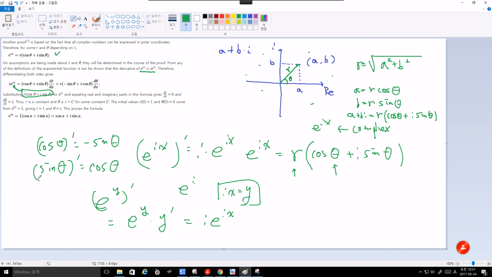We put x equal to 0 and get this. This gives r equals 1 and theta equals x, so this proves the formula by comparing both sides. So basically we are done. Okay, this is the end of our first course. Thank you.